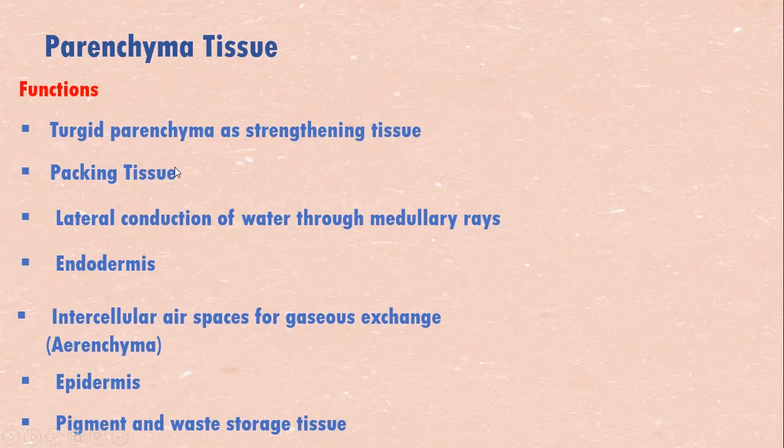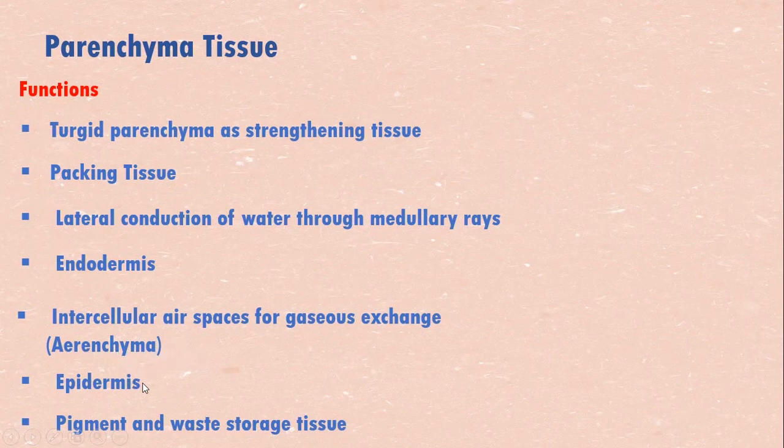Then they can form packing tissue. They also do lateral conduction through medullary rays. They have intercellular spaces, so they do gaseous exchange. You have some aerenchyma, mainly parenchyma cells with large air spaces.